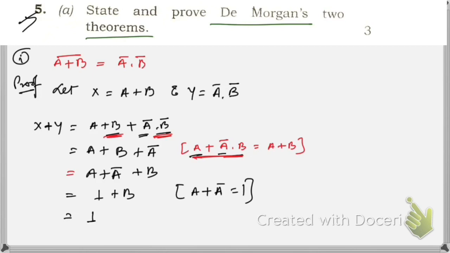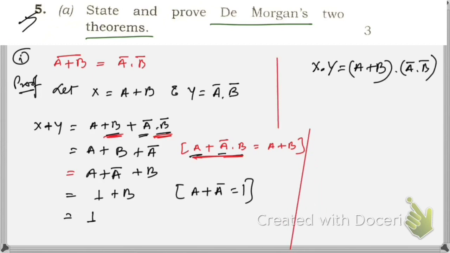Now let us find x dot y. So x dot y means (a plus b) dot a complement dot b complement, then use the distributive property. So what you will get: a into this, then b into this again.